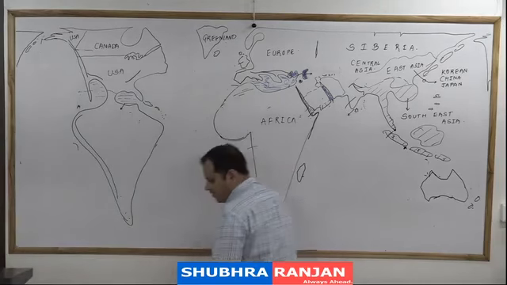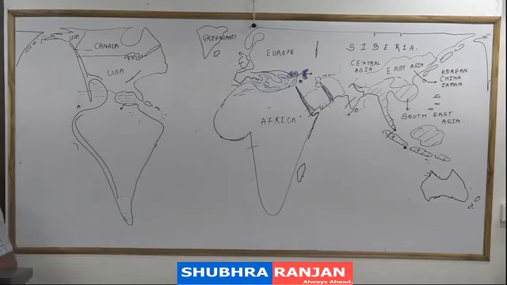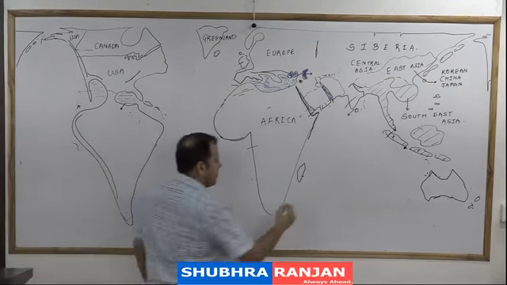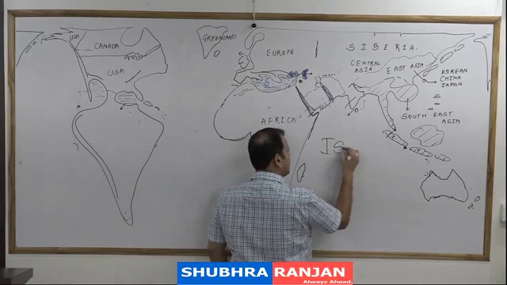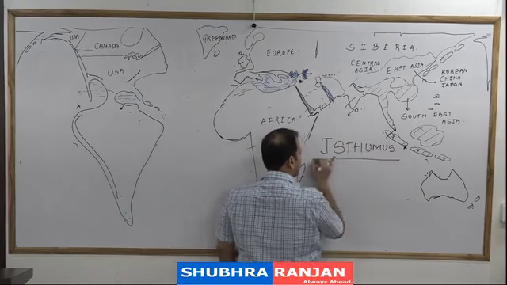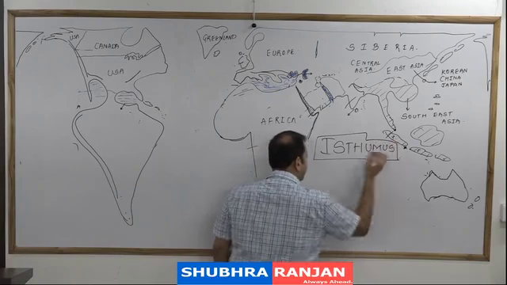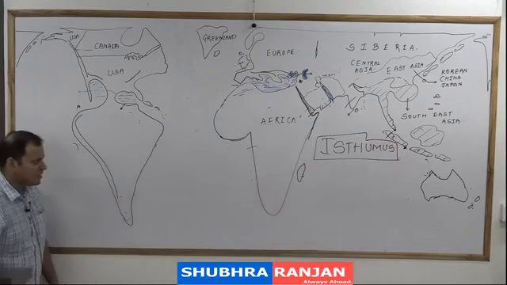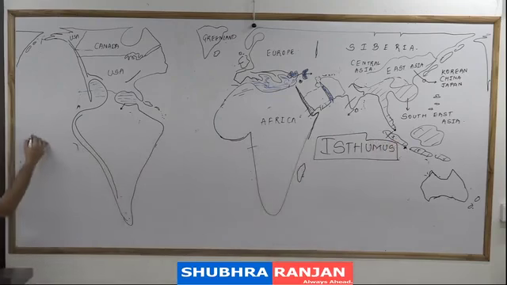Exactly opposite of straits are isthmus. What is an isthmus? It is a narrow land. What is a strait? A strait is a narrow water body.